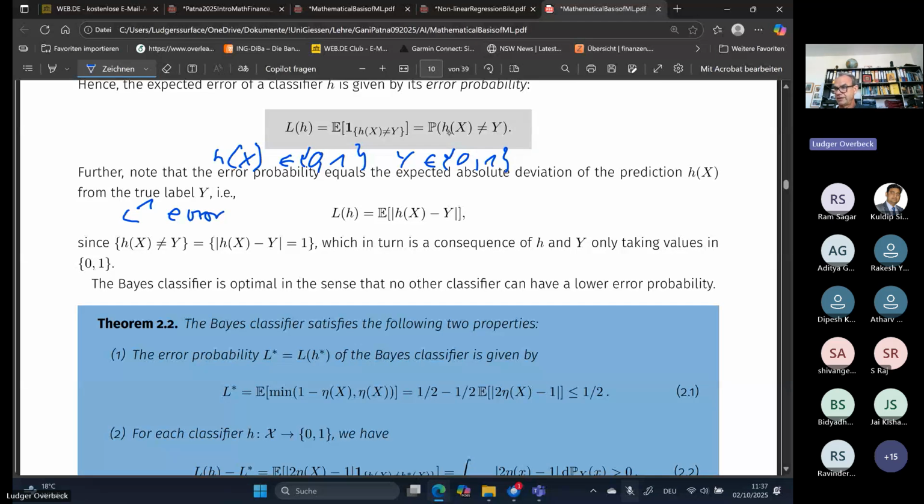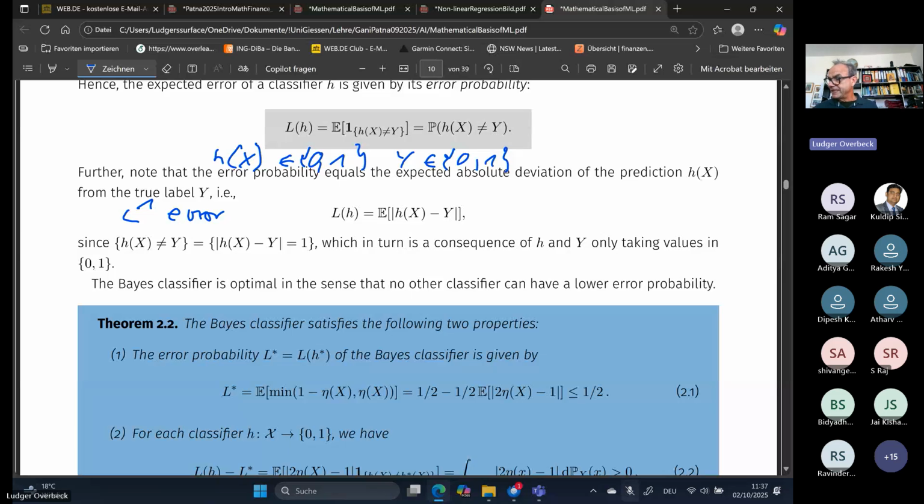Now, if you calculate this, because it only takes 0s and 1s, this will be 0 if they are equal, and 1 if they are unequal. So trivially, it's the L1 error. And we will see that our Bayes classifier, our naive one, where we classify to be 1 if the conditional expectation is larger than 1/2, is the best one.